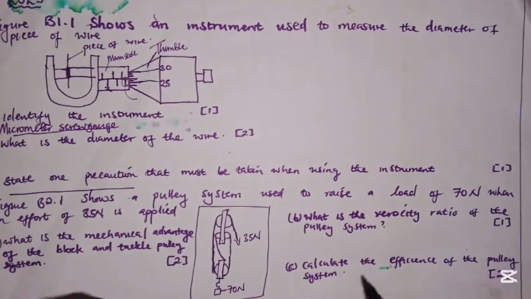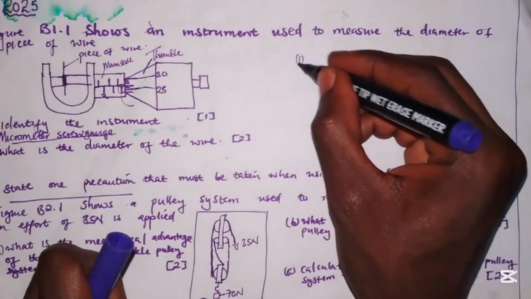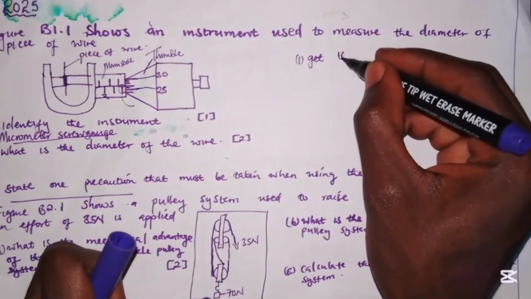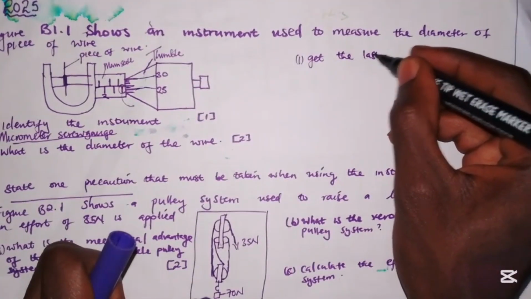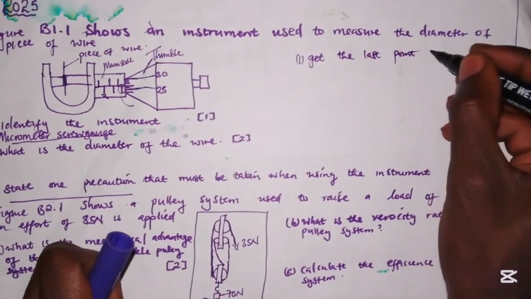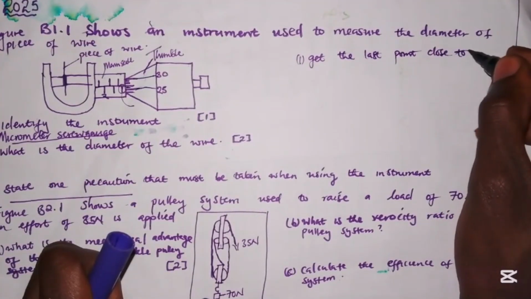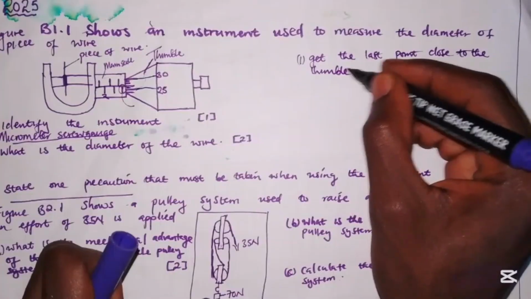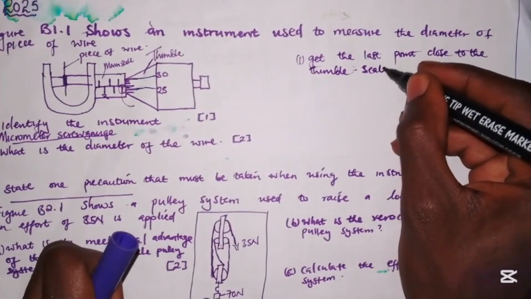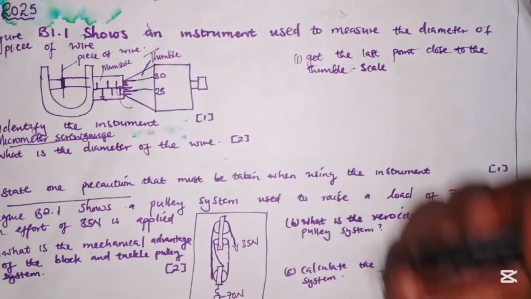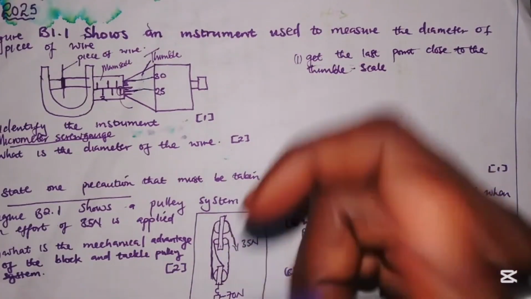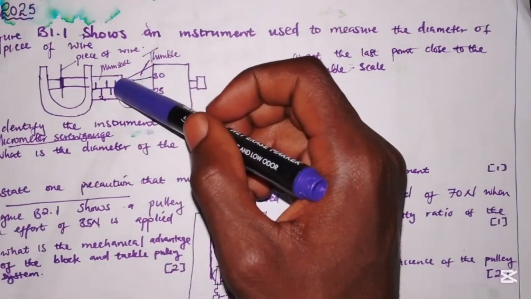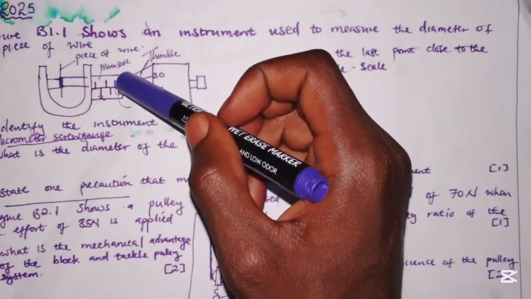So always remember, step 1, get the last point close to the thimble scale, which is this one.